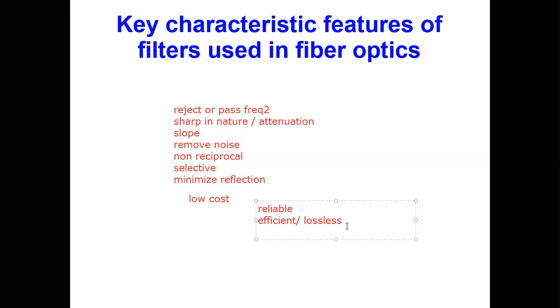That's why I'm typing it out. Characteristic of filters used in fiber optics. As I have already mentioned, this section is entirely theoretical. So all these are valid points. That's why I'm writing it out. I might have fewer points in my slides.